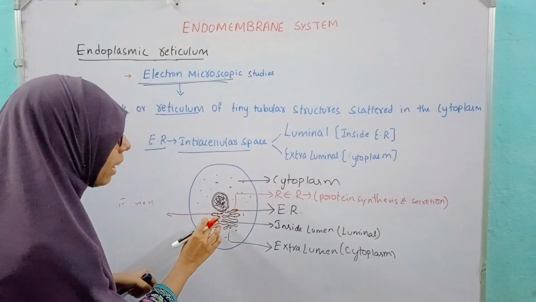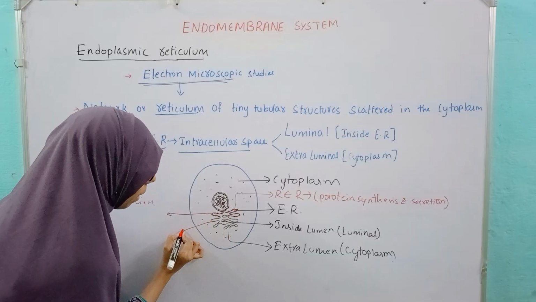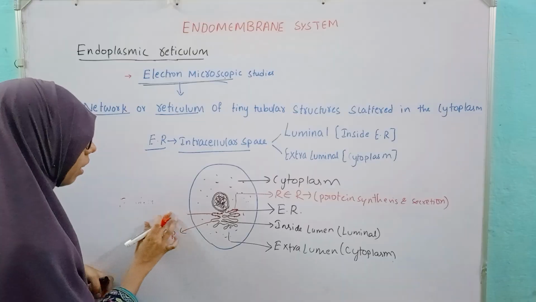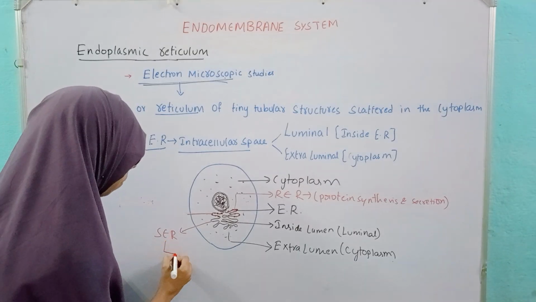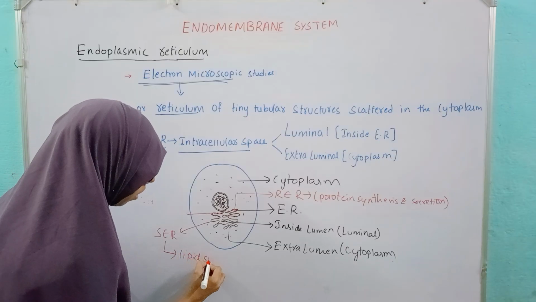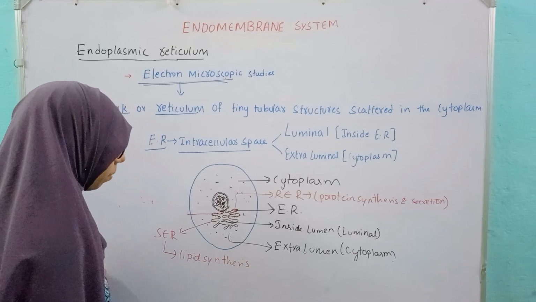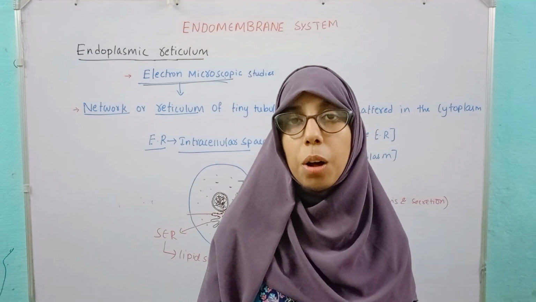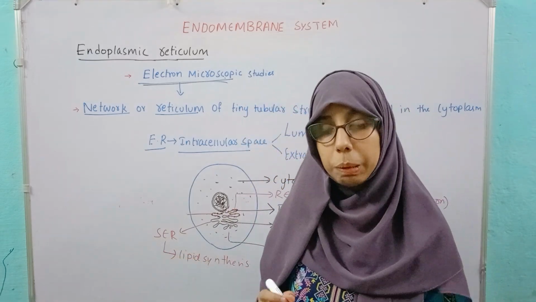You can see this in the diagram also. Then comes the smooth endoplasmic reticulum. It does not have any ribosomes attached to it, and it plays an important role in lipid synthesis. In animal cells, steroidal hormones are produced by this smooth endoplasmic reticulum.